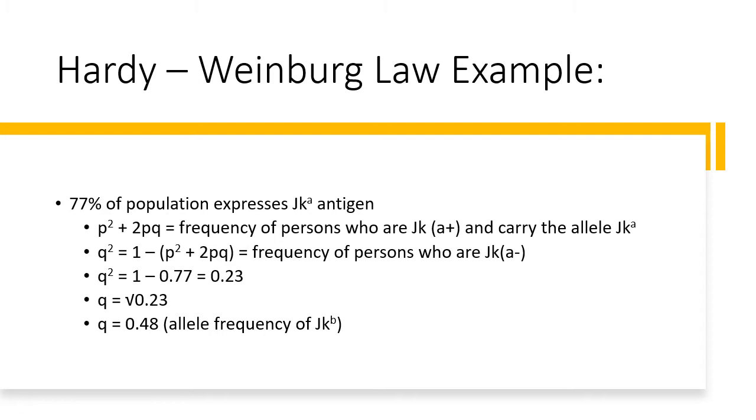That's because P squared represents JKA, JKA, and 2PQ represents a person being JKA and JKB.